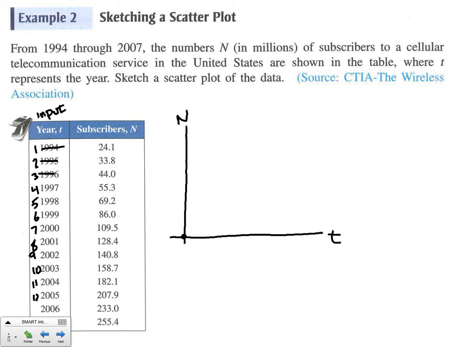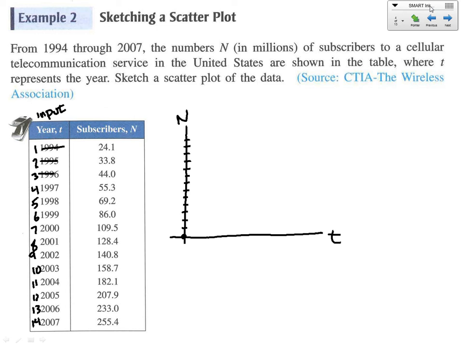I think there's one hiding behind the smart ink thing that I can't get rid of. Put you up there for a second. 13 and 14. So 14 tick marks to go on here.